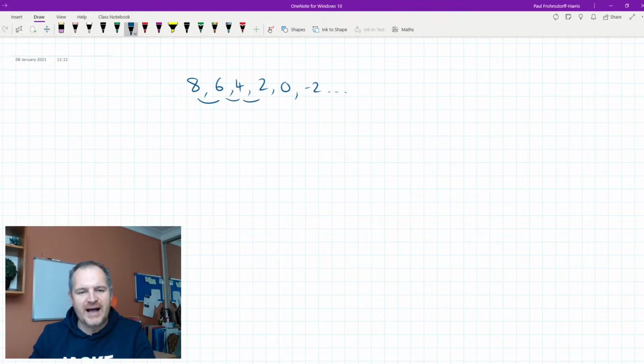When you do the gaps, you write minus numbers, not plus numbers. So these are going down 2, so we write minus 2. Now the minus 2 times table, all of you will know, but you'll just think of it as the 2 times table, but with minuses in front of them. Minus 2, minus 4, minus 6, minus 8.